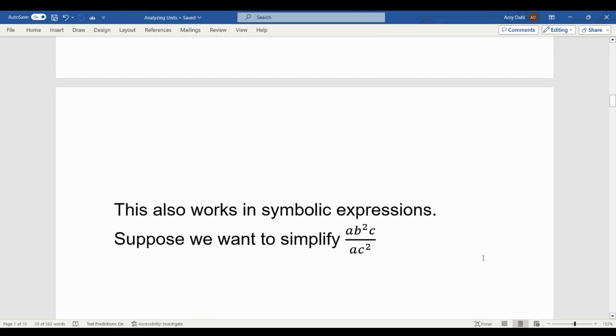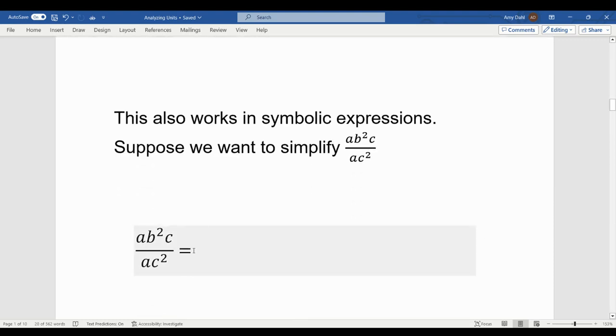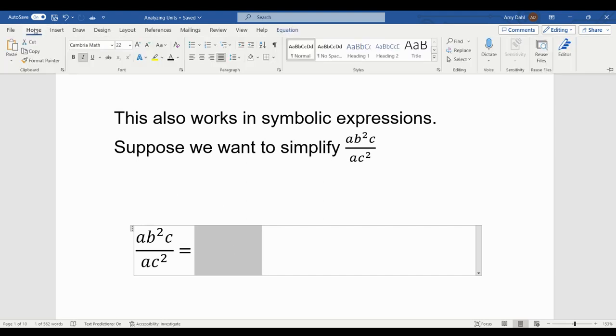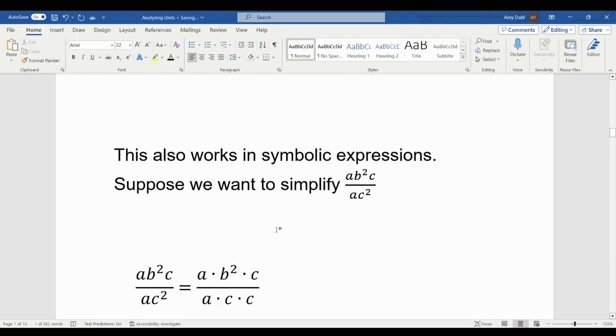This also works in symbolic expressions. Suppose we want to simplify ab squared c divided by ac squared. So we can factor our ab squared c into a times b squared times c over a times c, where I broke up the c squared in the denominator, and it will become clear why if it isn't already.